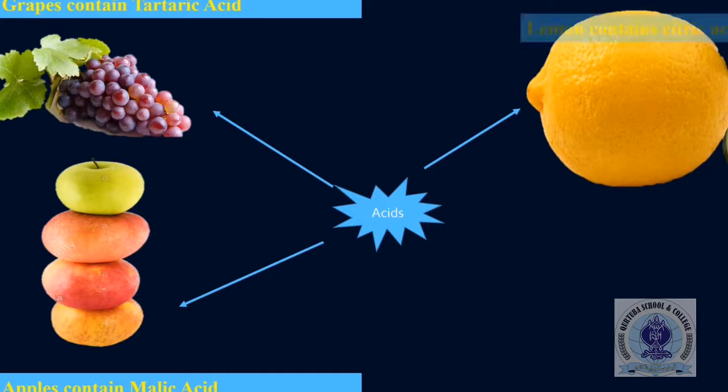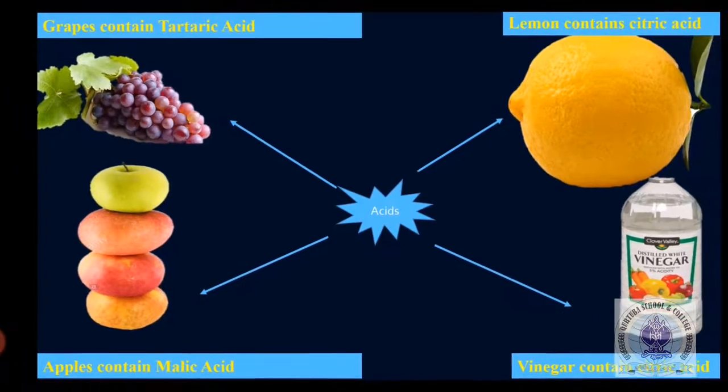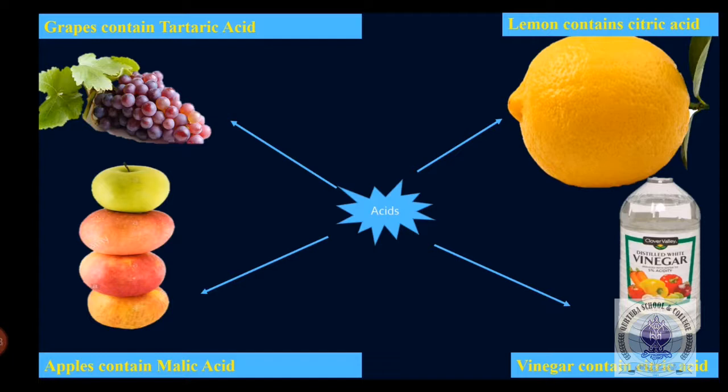Lemon and oranges contain citric acid, while another common life example is vinegar. Vinegar actually contains acetic acid. I'm sorry for the slip, but vinegar actually contains acetic acid. Its formula is CH3COOH.